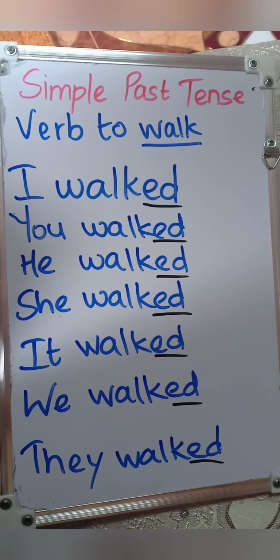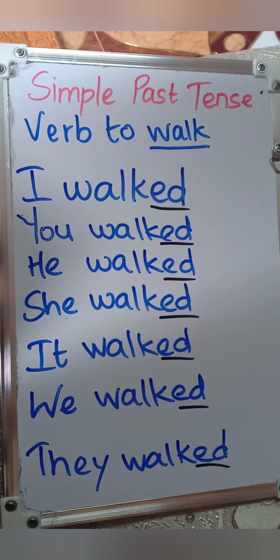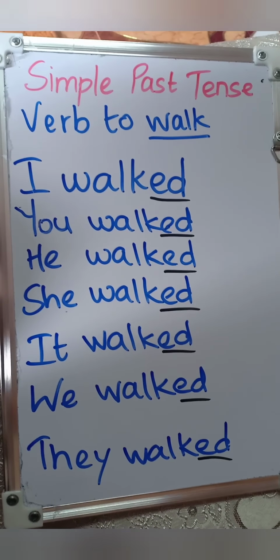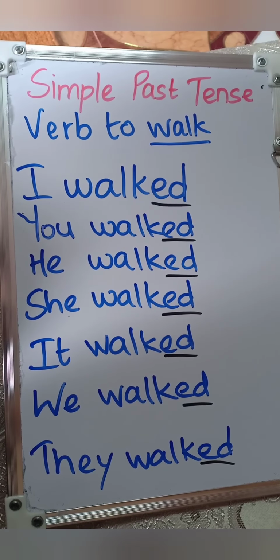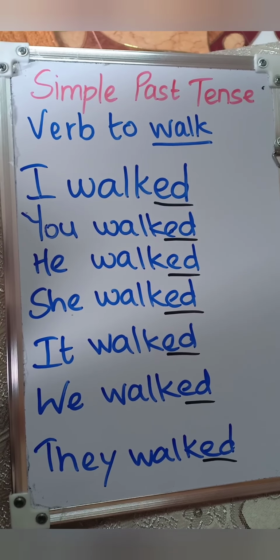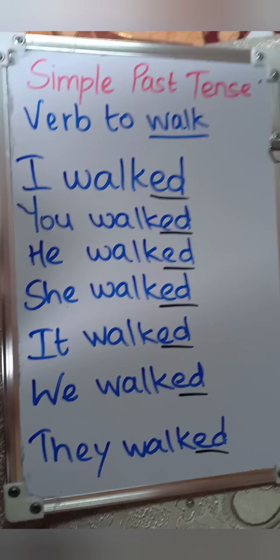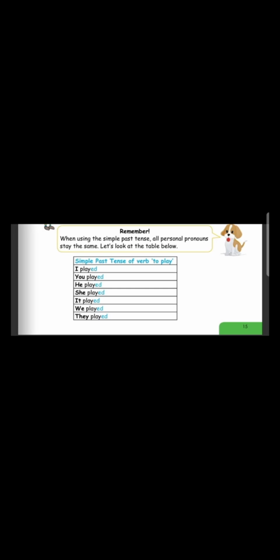As you can see, we have to write walk the same way and then add ed. The rule for past tense is to add ed. Remember, when using the simple past tense, all personal pronouns stay the same.